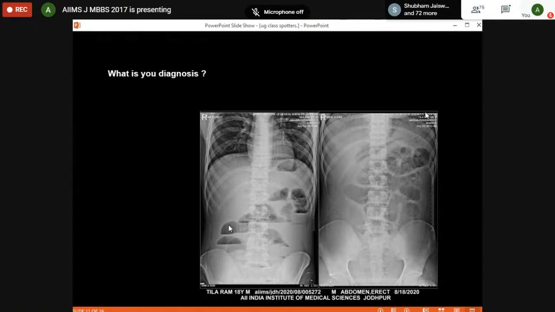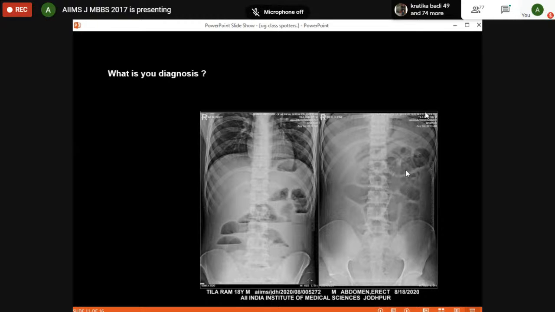Again, in such cases, look for pneumoperitoneum. There should be no sign of pneumoperitoneum. There are also some impending signs of rupture. If the dilated bowel loops are stagnant, for example at 12 o'clock you saw some dilated bowel loops, and then you took an X-ray at around 3 and these dilated bowel loops are still in the same position, this is also a sign of impending rupture, because they should not be in the same position all the time.